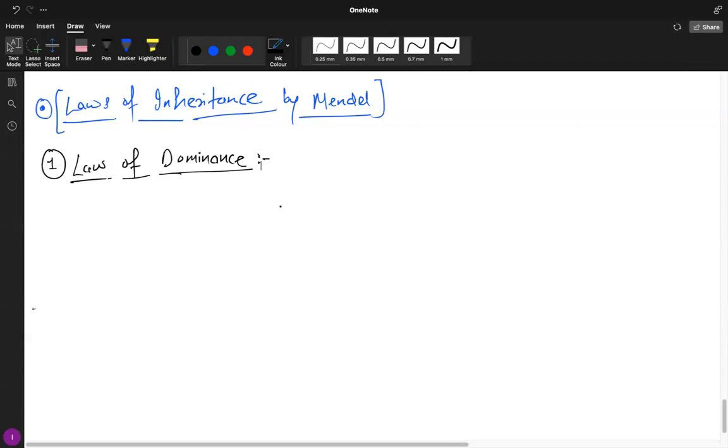Heterozygous means, for example, capital T, small t. One allele for tall, one allele for short. That's called heterozygous condition. One allele is capable of expressing itself over the other in a heterozygous condition without any blending or mixing up.